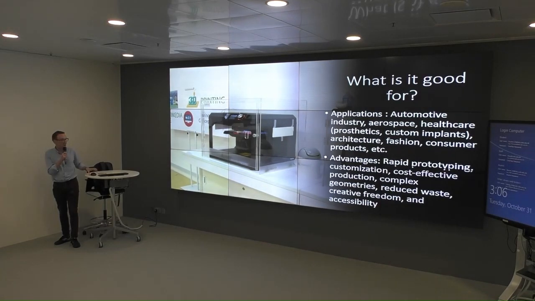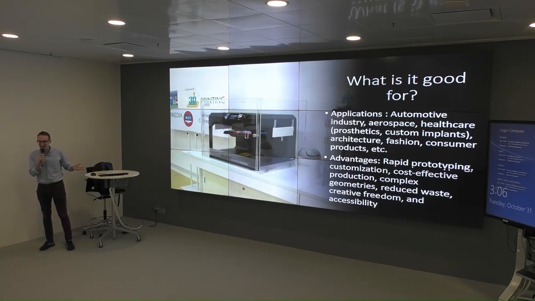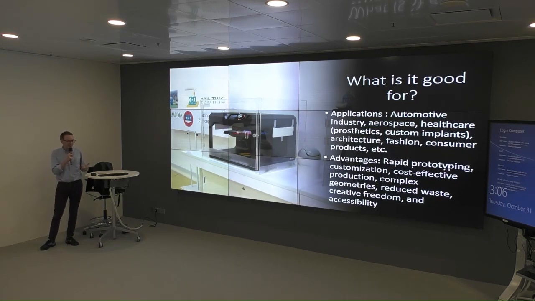What's 3D printing good for? Loads of things, right? They use it for making car parts, airplane parts, prosthetics, so fake limbs, in architecture, in fashion, in all sorts of different domains of life. And the great thing about 3D printing is it can be customized.